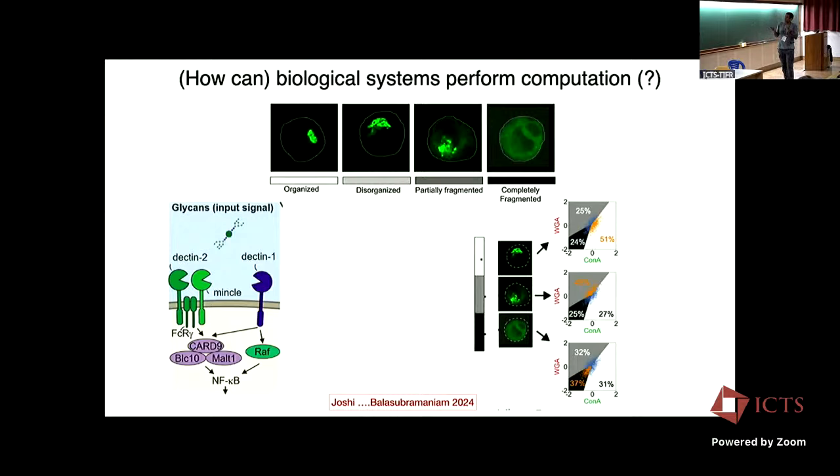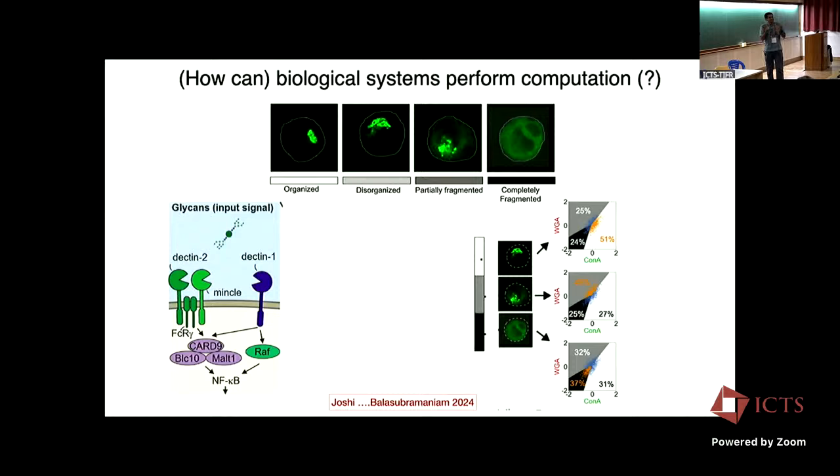What they found was that given the binding affinity of WGA and the binding affinity of ConA, you can back-construct just from these binding affinities the actual state the cell is in.